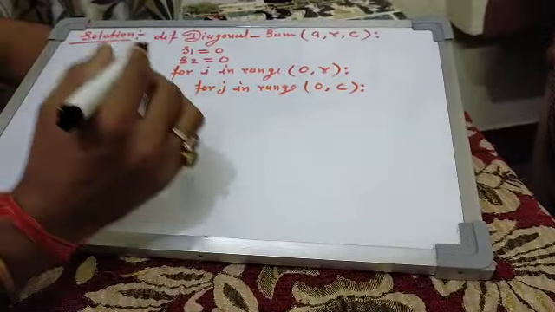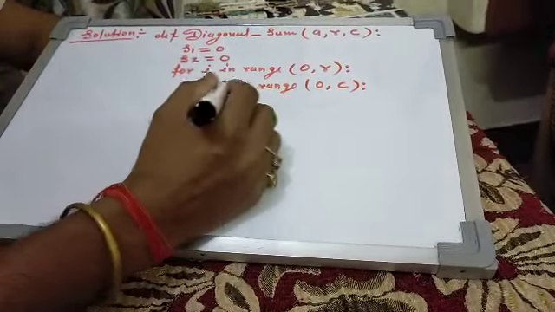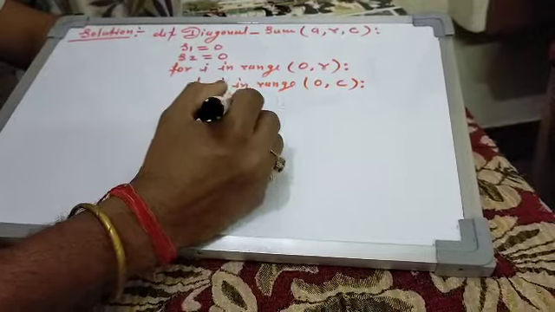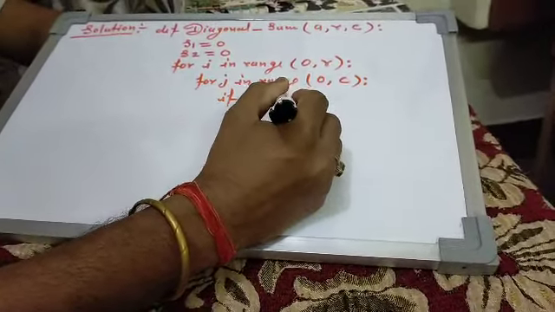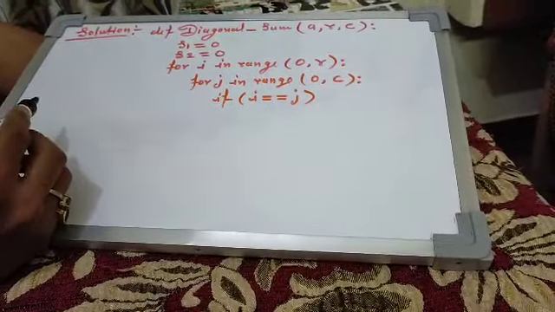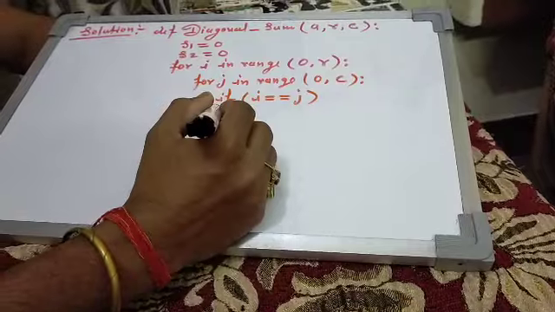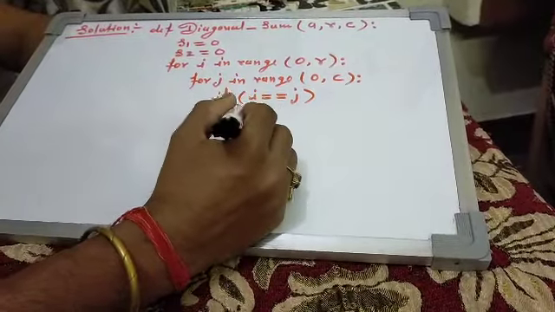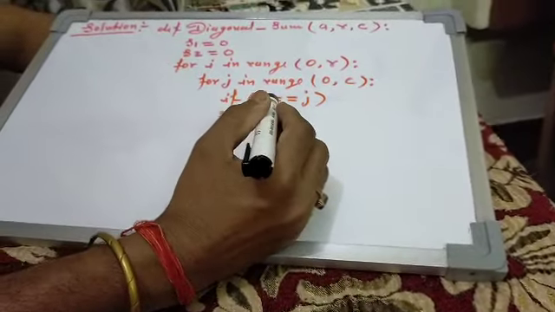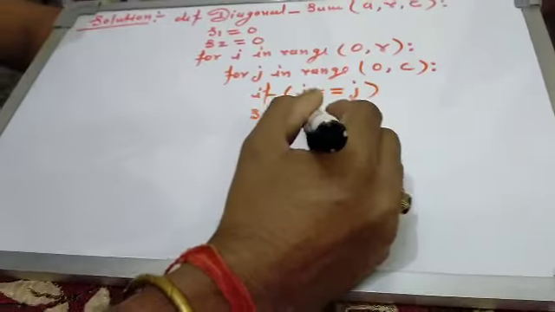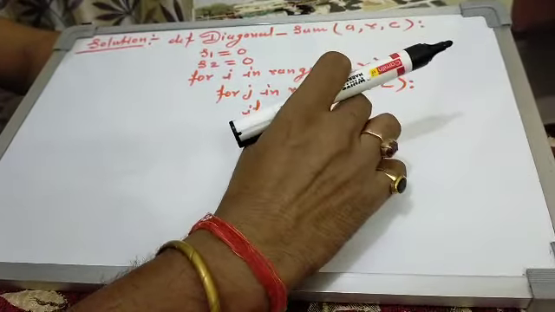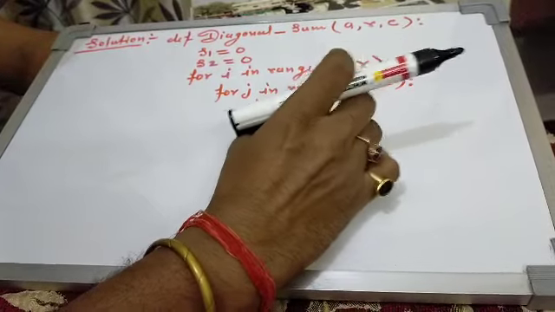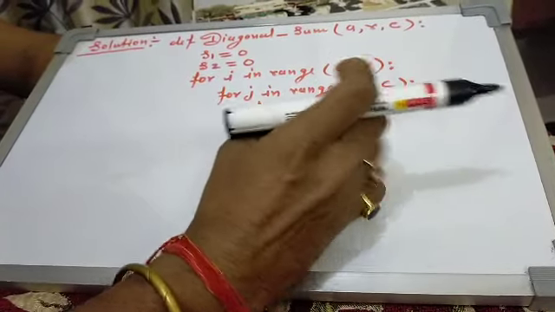Now check the condition: if i is double equal to j, then s1 is equal to s1 plus a[i][j]. Here a should be in small letter.